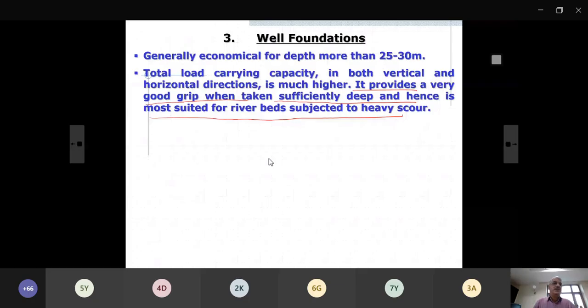That's why you see all the bridges on the river Ganga, Yamuna, Brahmaputra, Godavari, the third Godavari bridge, even the first and second. Most of these iconic or bigger bridges are on well foundations because of that reason.